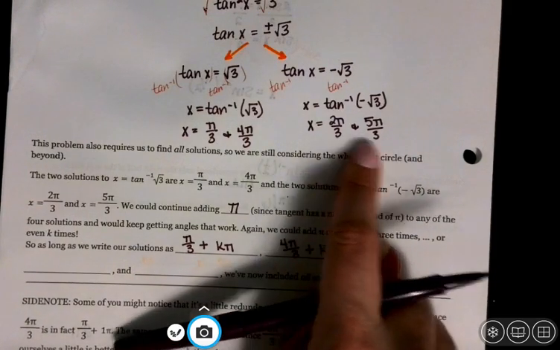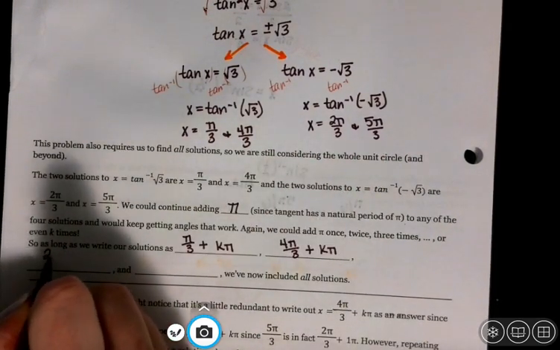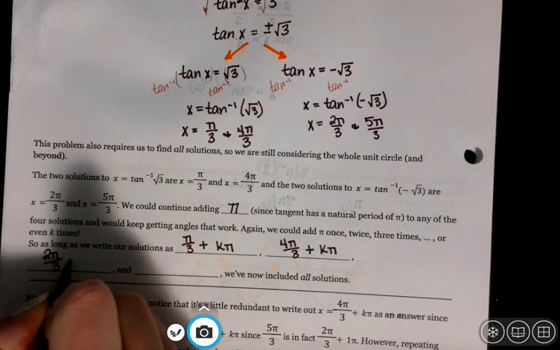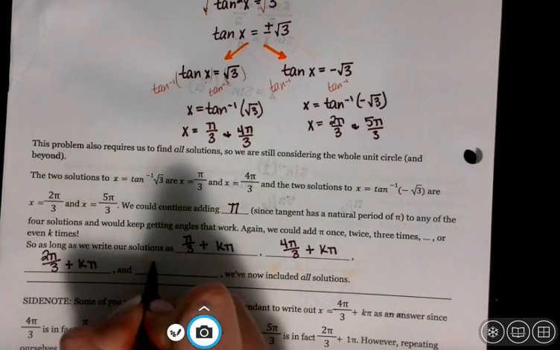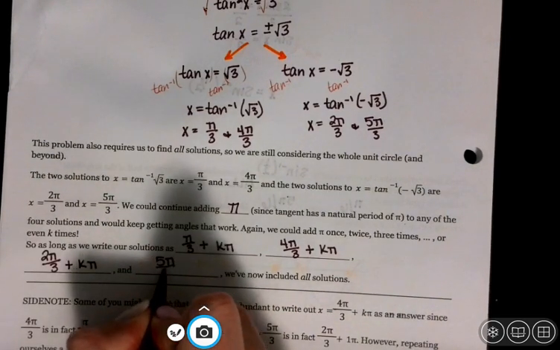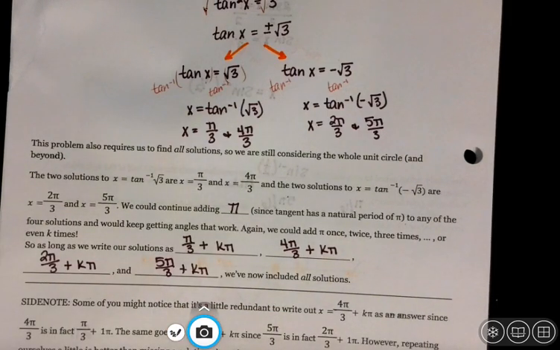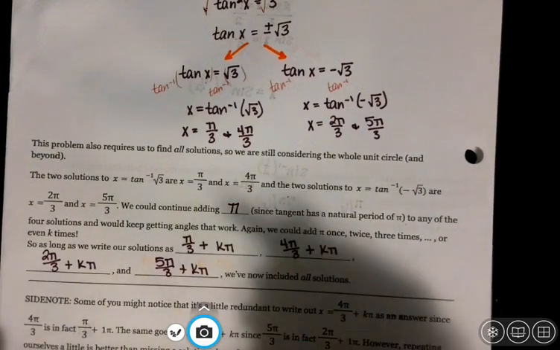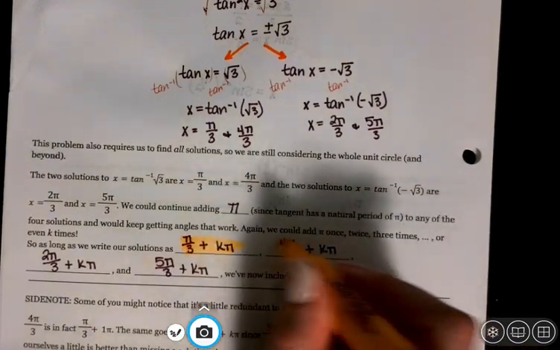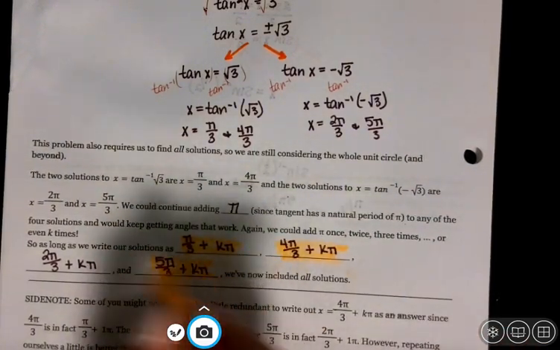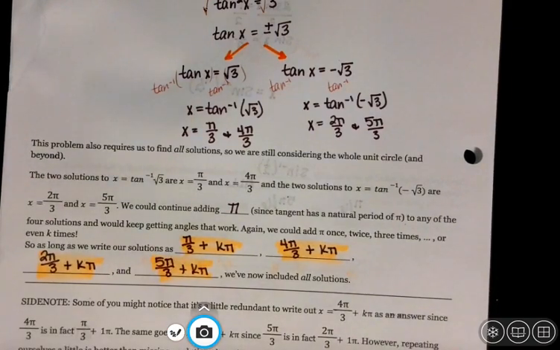And I want to do the same thing for both of these. So I have 2 pi over 3 plus k pi, and 5 pi over 3 plus k pi. And that way we have all of our solutions. And I'm going to highlight those again so they stand out. So I need all 4 of these to get full credit for that question.